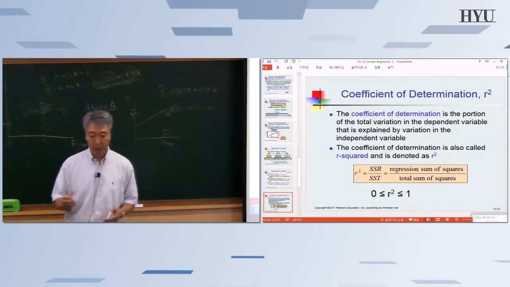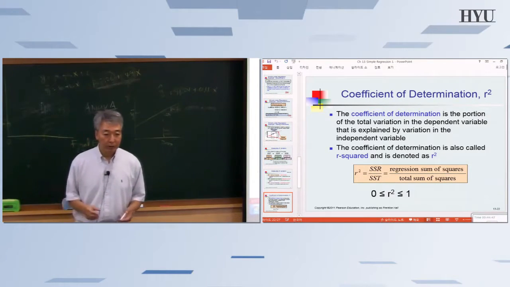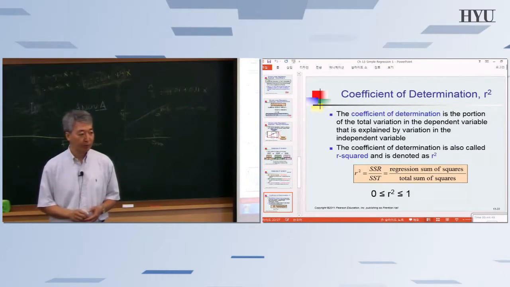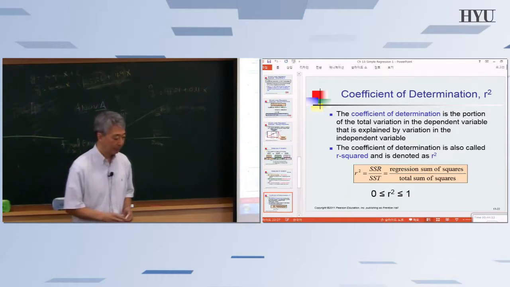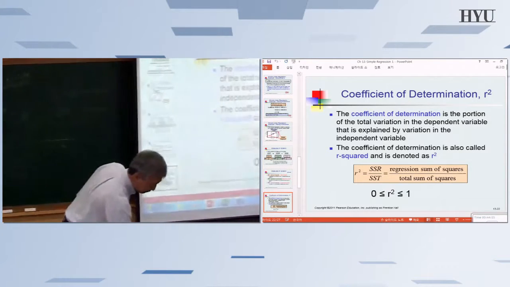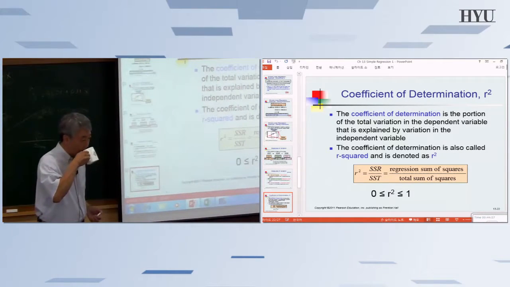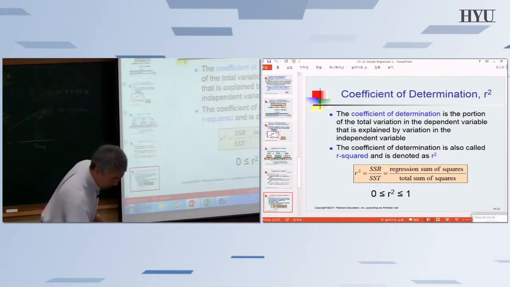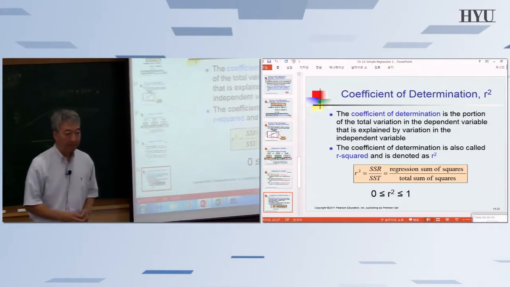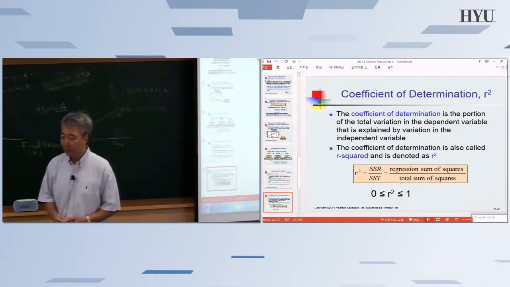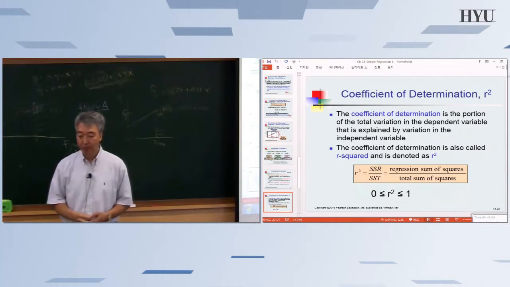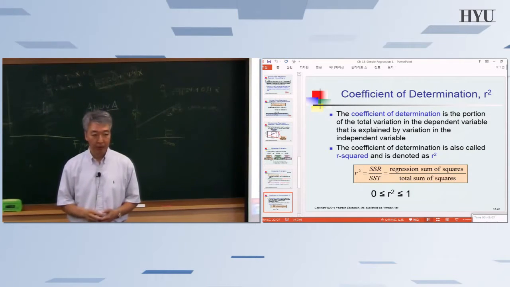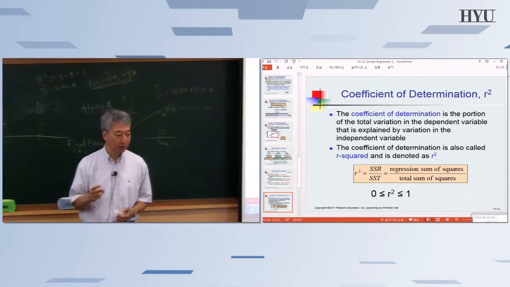What does R measure? The correlation coefficient. By looking at the number R, we can see two things.